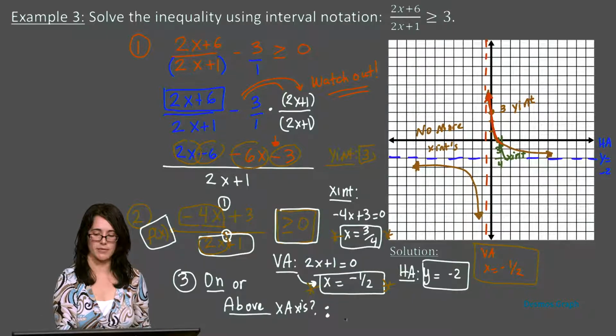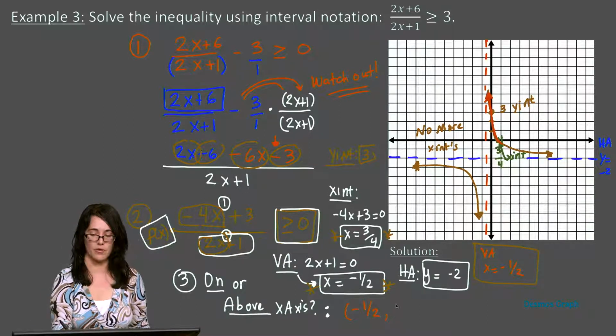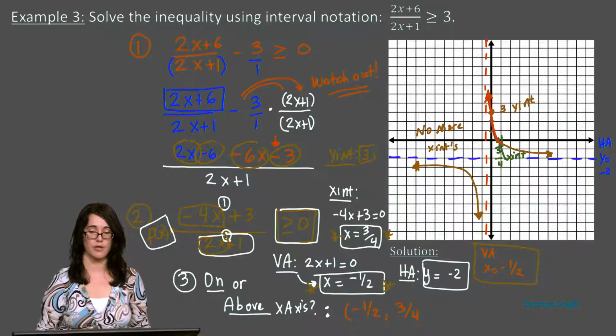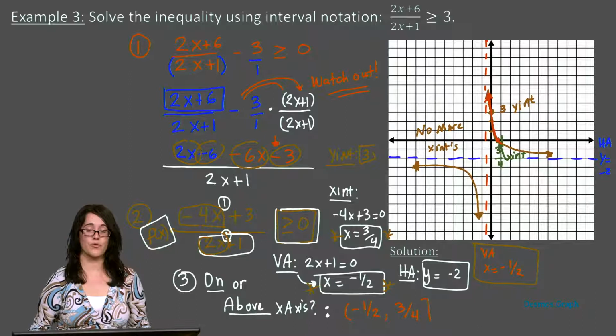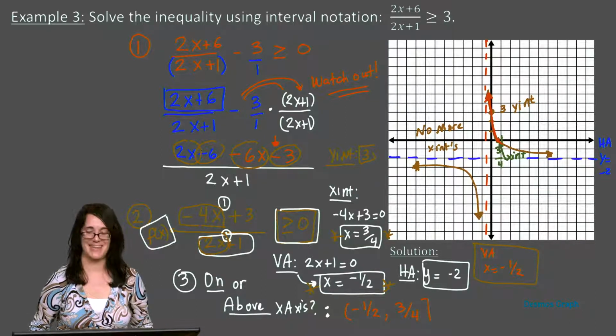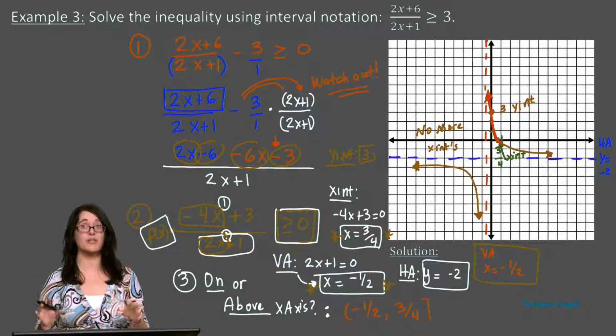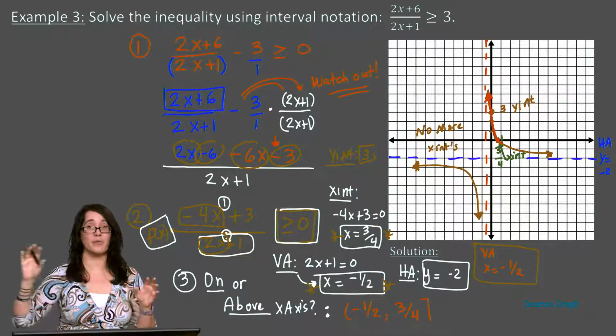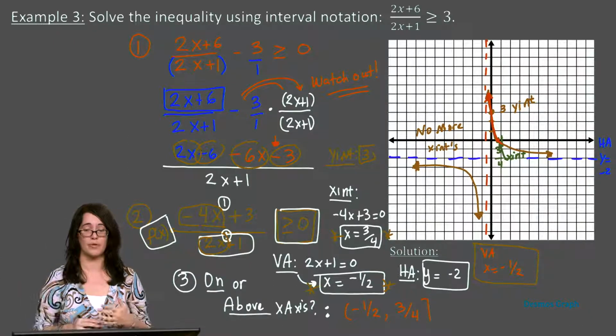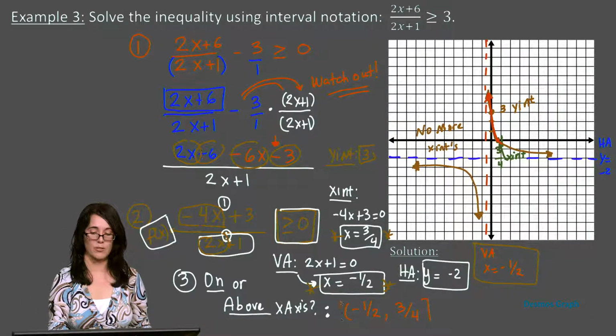So between the asymptote, which I can never reach, so I'd use a parenthesis, and the x-intercept 3/4, which I am allowed to reach because it says or equal to, and it definitely exists there, so I can use a bracket, my graph is going to be on, because of the x-intercept, or above the x-axis between them. After that, you'll notice that you're always below the x-axis. Now, there could be cases where, especially in a rational function, parts are going to be above in different locations, so you'll use your union symbol to get those other locations. But for this one, that's the only time this happens.